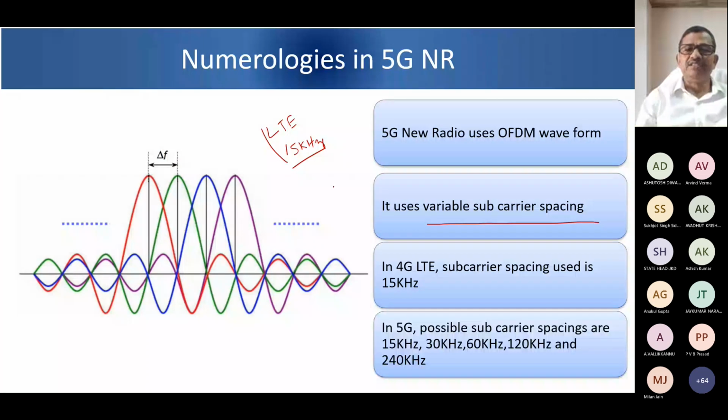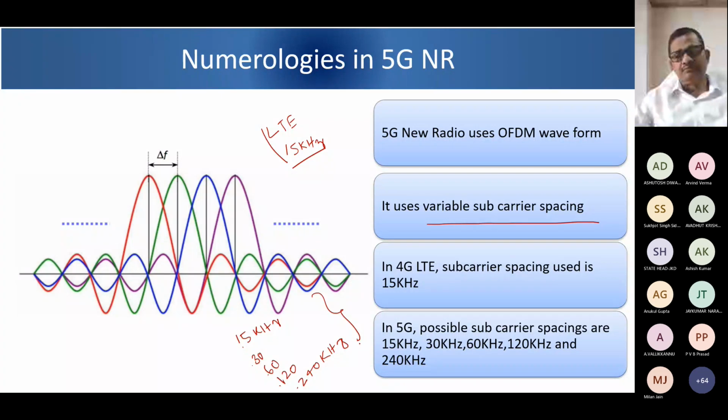So in 5G, the subcarrier spacing we use is 15 kilohertz, 30 kilohertz, 60, 120, and then 240 kilohertz. So 1, 2, 3, 4, 5 different subcarrier spacings we use depending upon what band of frequency we are using and what our use case is. We will discuss that.